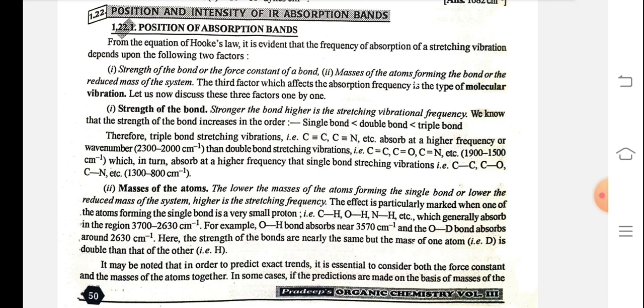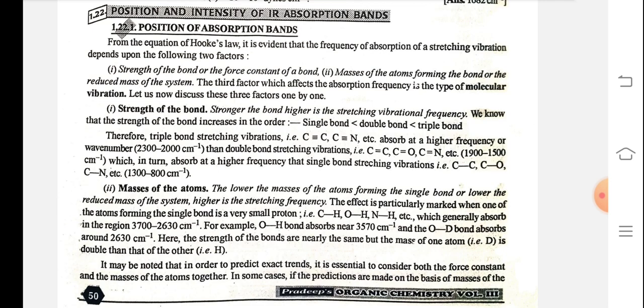Strength of the bond. Stronger the bond, higher is the stretching vibrational frequency. We know that the strength of the bond increases in the order single bond is less than double bond, then triple bond.